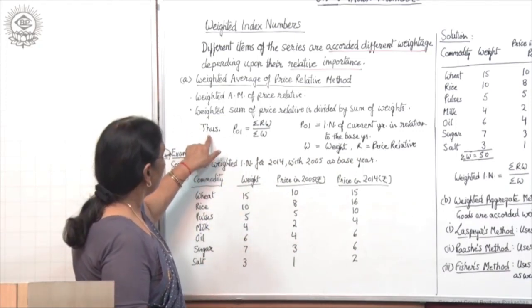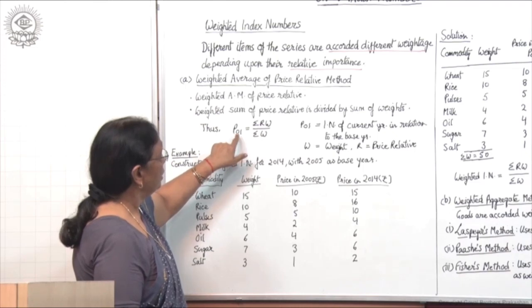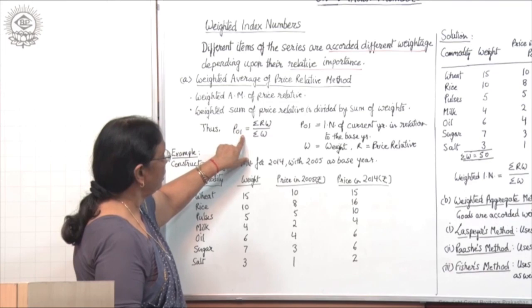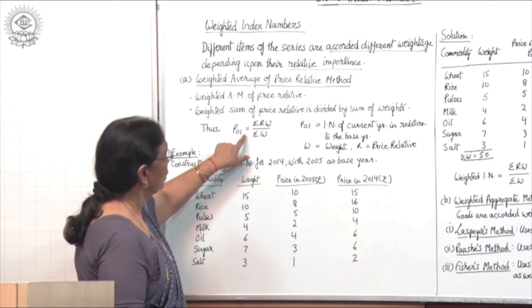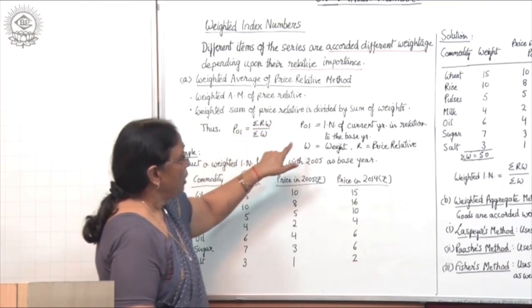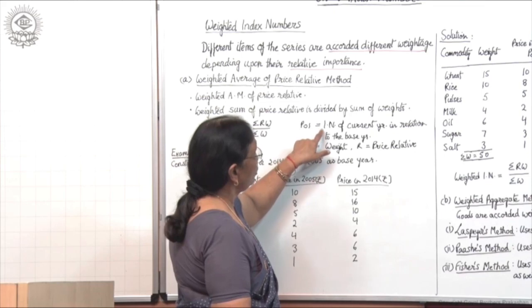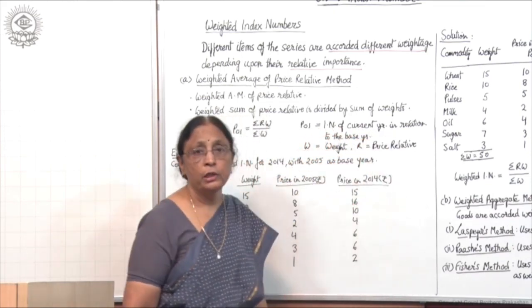Now this way the formula is P01. Right? P is the price index, 0 is the base year and 1 is the current year. So P01 is equal to sigma RW upon sigma W. Now P01 is equal to the index number of the current year in relation to the base year.